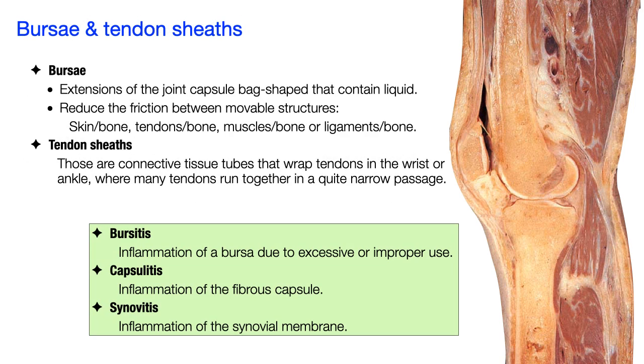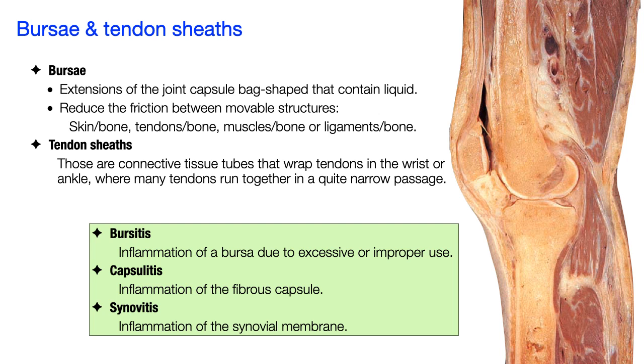Alright, other specializations. Bursa are extensions of the capsule with synovial liquid inside that help reduce friction among different structures when the joints move. Other protective structures are tendon sheaths around tendons running through narrow places like the wrist, for instance, all the tendons going from the forearm to the hand.